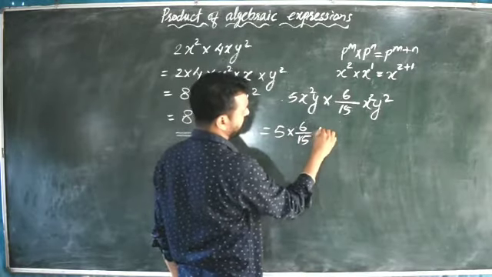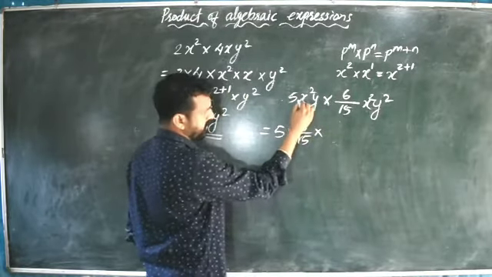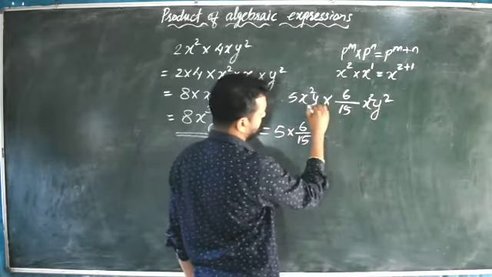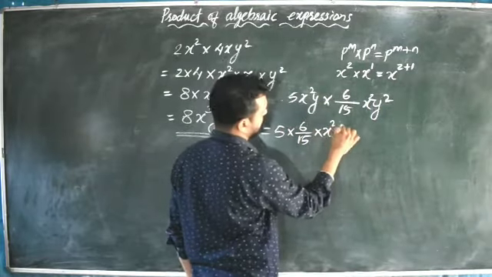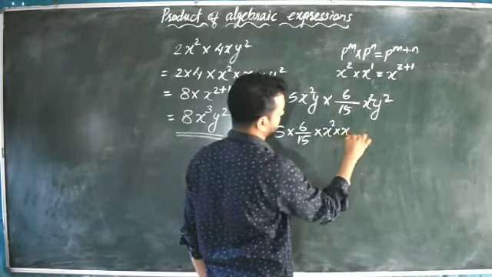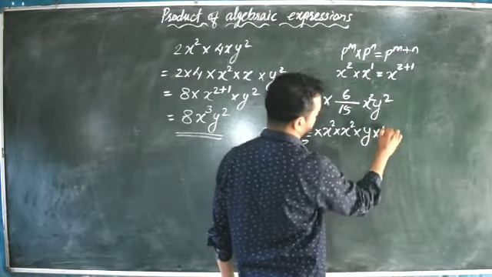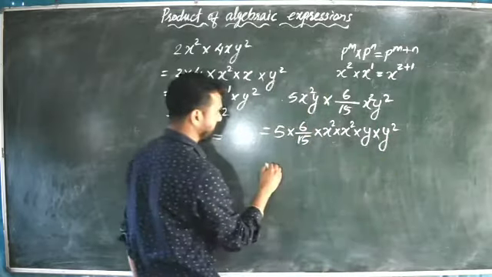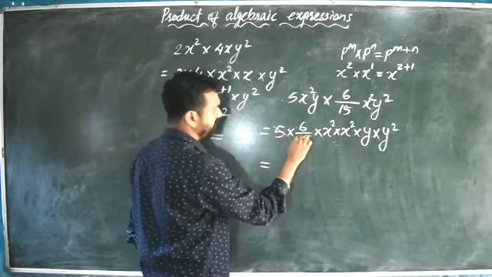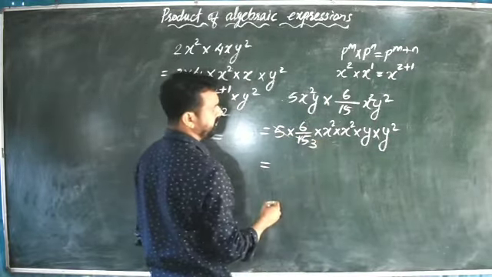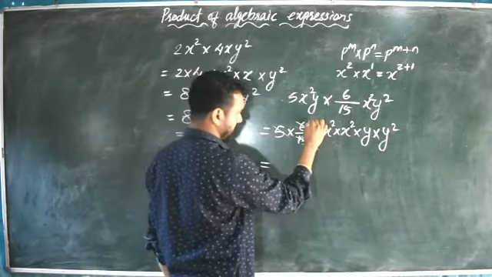After that, see the variables: x square into x square, into y, into y square. Then 5 divided by 15 we can cancel: 5 threes are 15. 6 divided by 3 is 2.